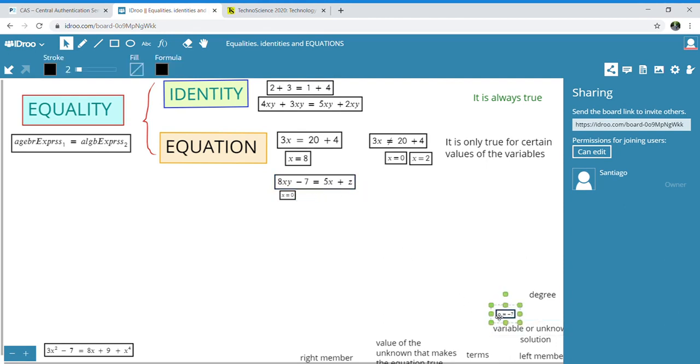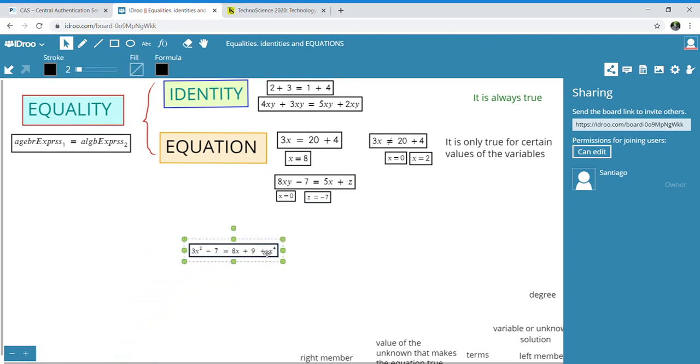So if we give z the value -7 and x the value 0, then this equality is true. But if we give other values to x and y, for sure this equality is not going to be true. So this is an equation.